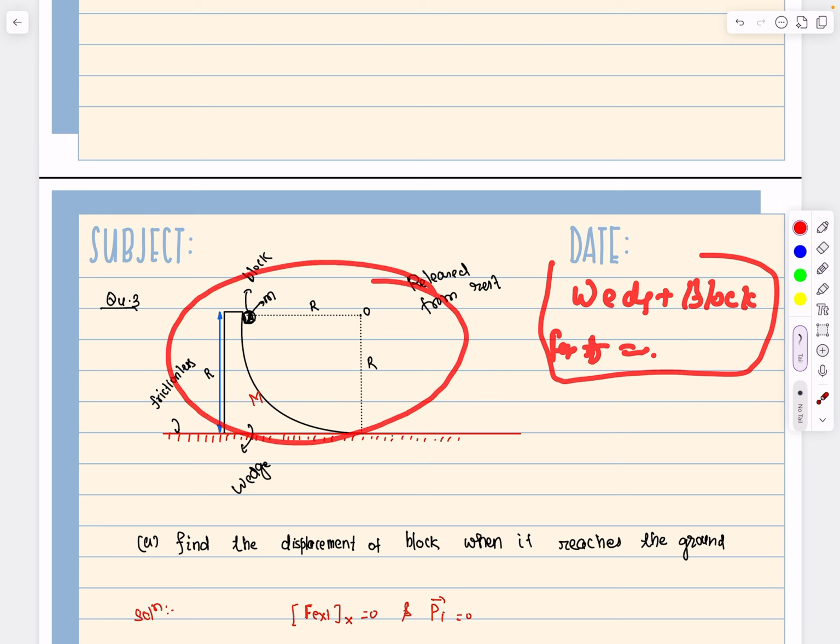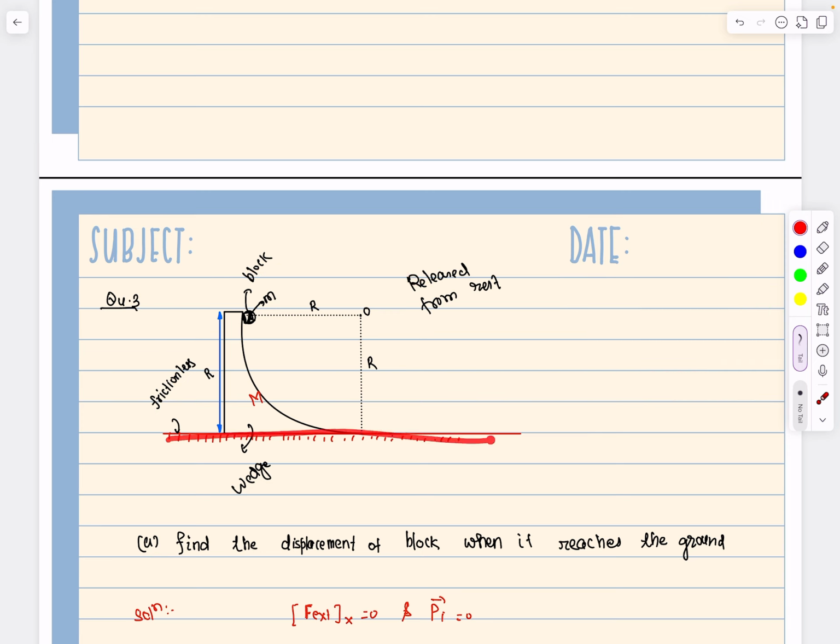No, there is no external force along the x direction because it is a frictionless surface. So we can say momentum will be conserved along the x-axis. The first thing we noticed: F external along the x direction equals 0. Second, the initial momentum of the system is 0.